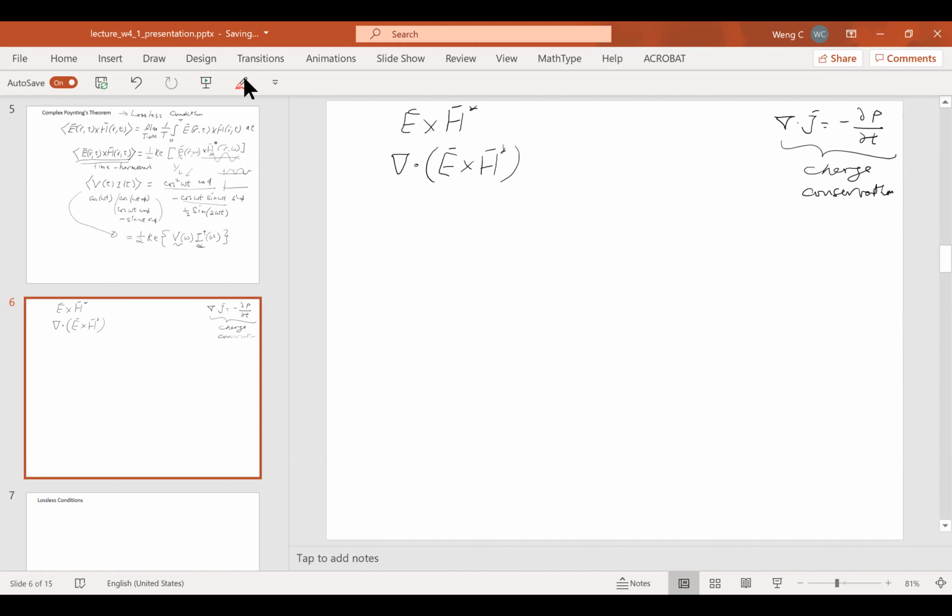Okay, so let's take the divergence of this to mimic this charge continuity equation to see what we can get out of here.